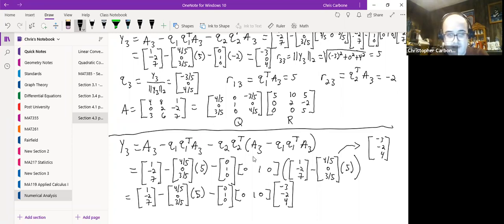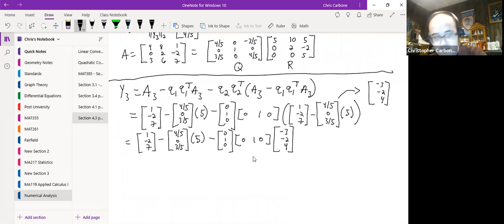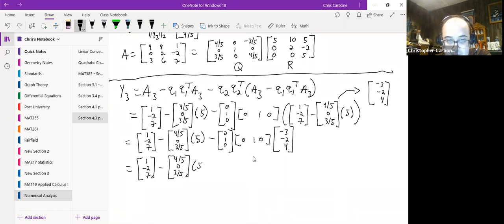And then very quickly, we could do one last simplification for these two being multiplied together to make it look a little bit nicer. This would be 1, negative 2, 7 minus 4/5, 0, 3/5 times 5 minus 0, 1, 0. And then when we multiply these two, we would just obtain the number negative 2.